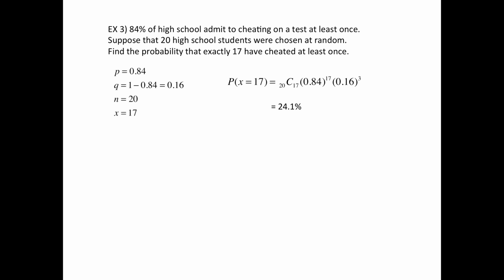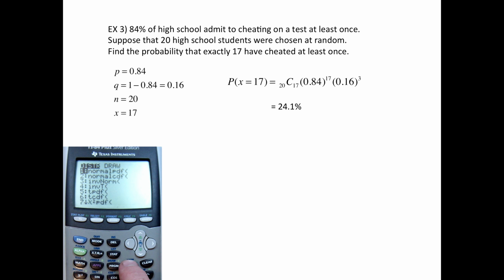But now I'm going to show you how to use the calculator. It has the binomial formula programmed into it. So first of all, as you can see where my finger is, it's over here where it's distributions. Since the distributions is blue, you'll have to put second. So you'll have to put second and then distributions.